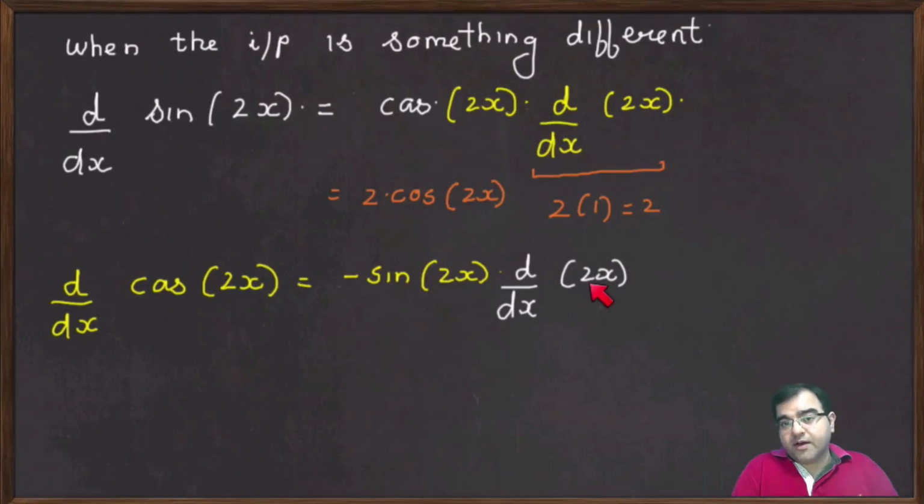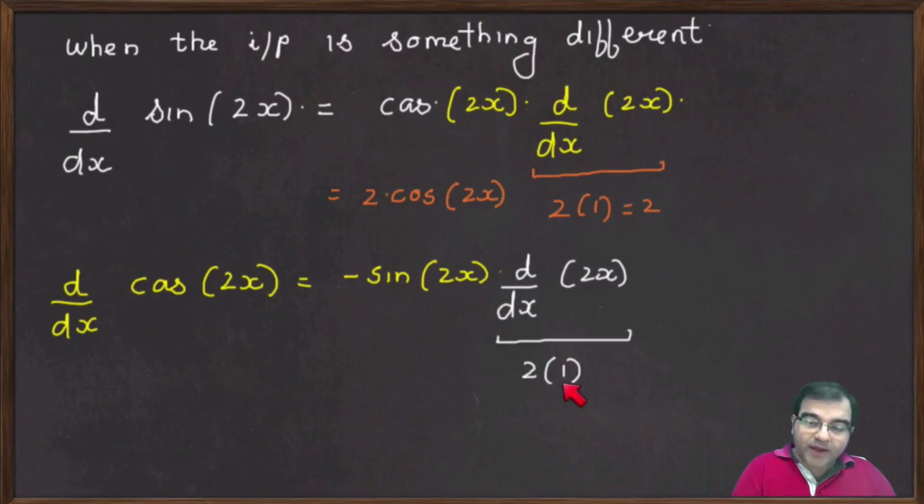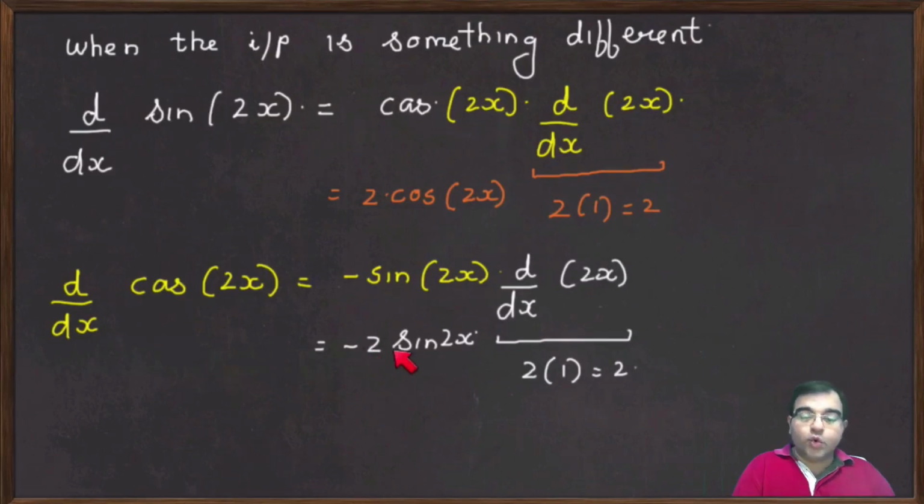This 2 is a number that is not going to be considered in derivatives. So this x is going to be considered. X is like the input, derivative of input is 1. So I'm going to say this is 2 into 1, which is nothing but 2. So this 2 now is going to be multiplied to this entire term minus sine of 2x. So I will get the answer as minus 2 sine of 2x.